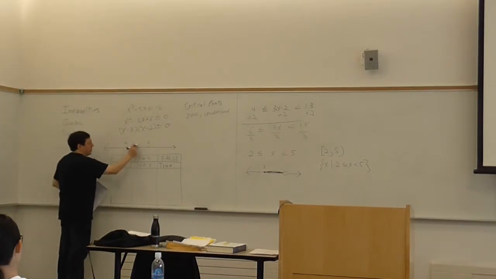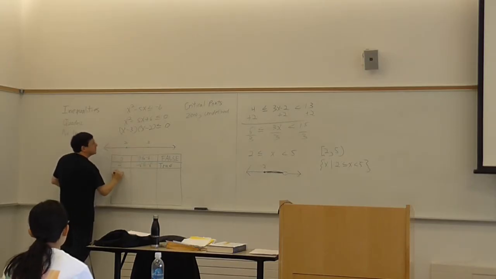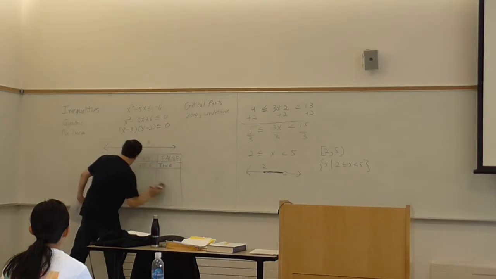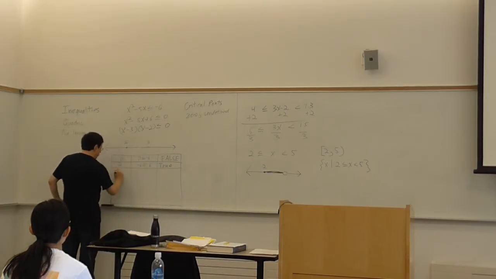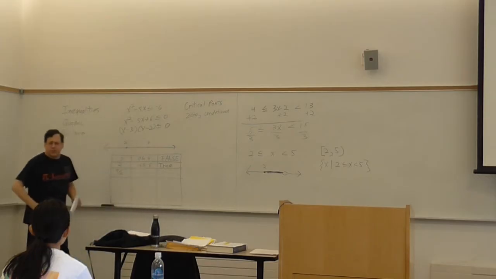Now I want to try the region between 2 and 3. So 2.5 is 5/2. It's a little tedious, but you actually have to check.